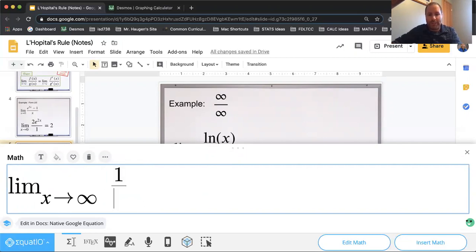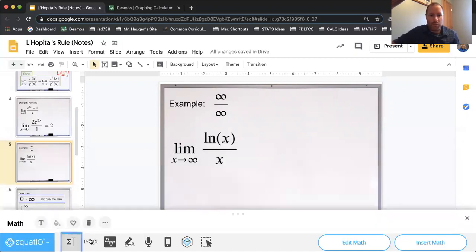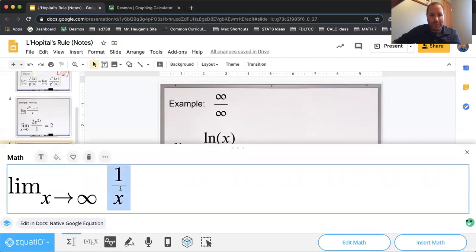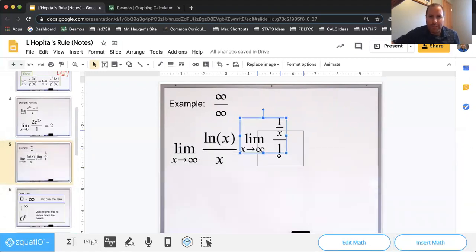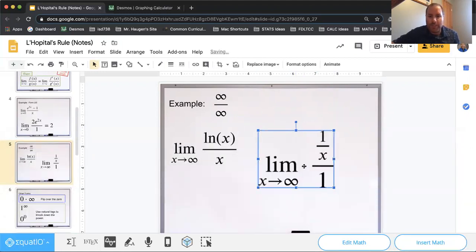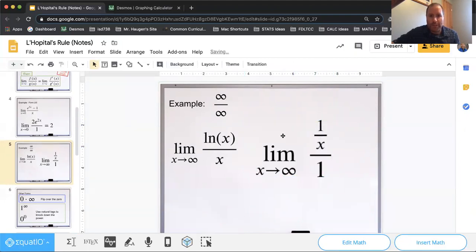And the derivative of the bottom is 1. So it's all of this, again, divided by 1. It looks a little weird. I'm just putting this here for emphasis so we can see where these pieces went. The top became 1 over x, and the bottom became 1.